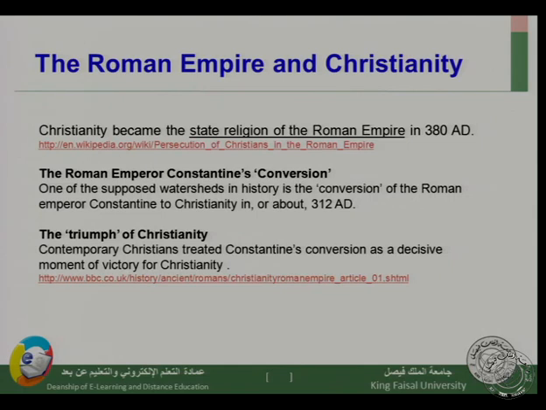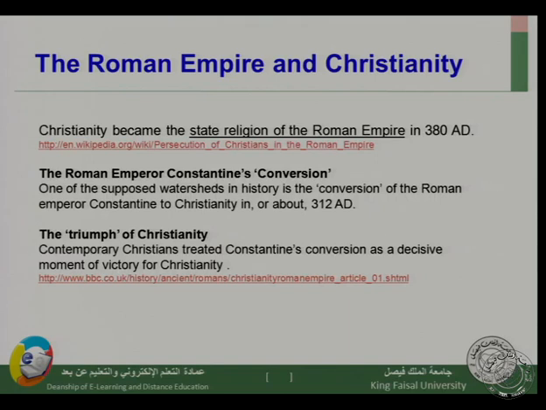So, the Roman Empire influenced many countries. And since the religion was Christianity, they spread Christianity. In other words, Christianity has spread throughout the whole world, or worldwide, by what?